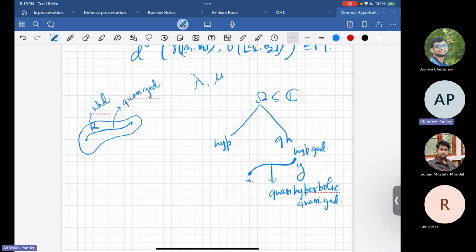The quasi geodesic has constants lambda, mu given to us, lambda, 0 you can take for that. It's bi-Lipschitz. So you want to ask whether there exists a geodesic joining these two points which will stay inside this neighborhood, isn't it? R is arbitrary.